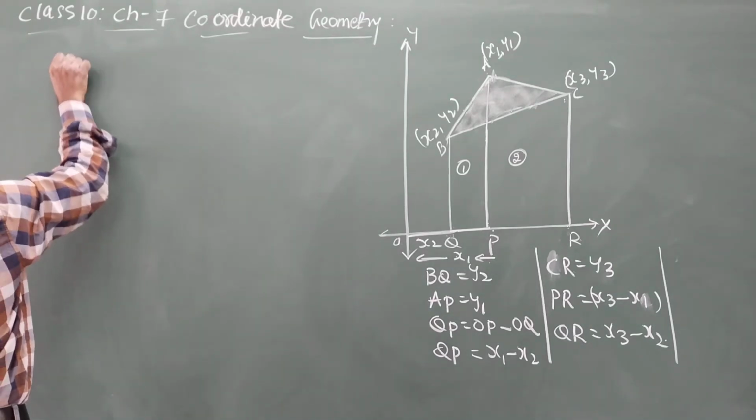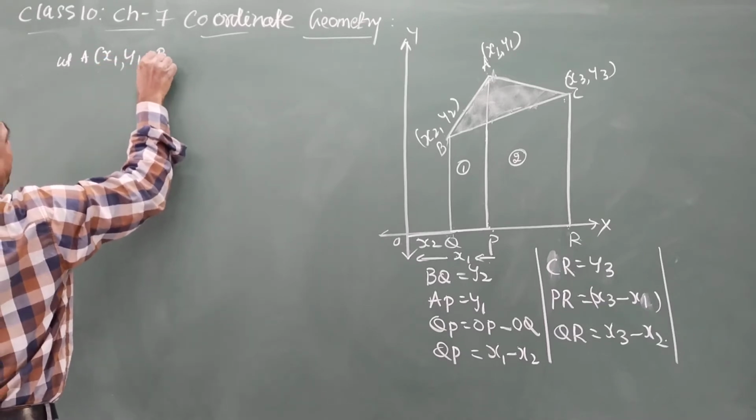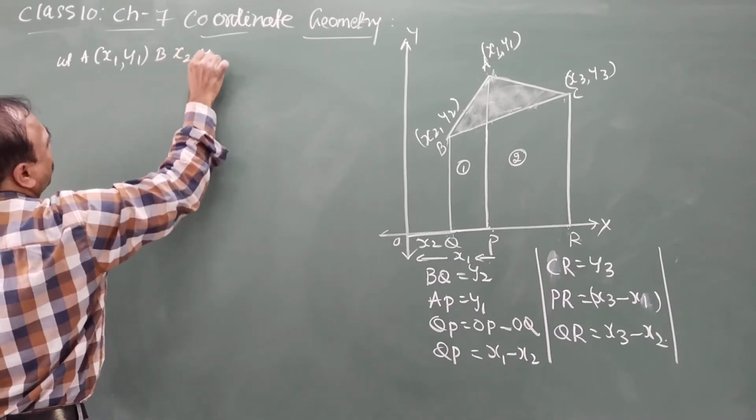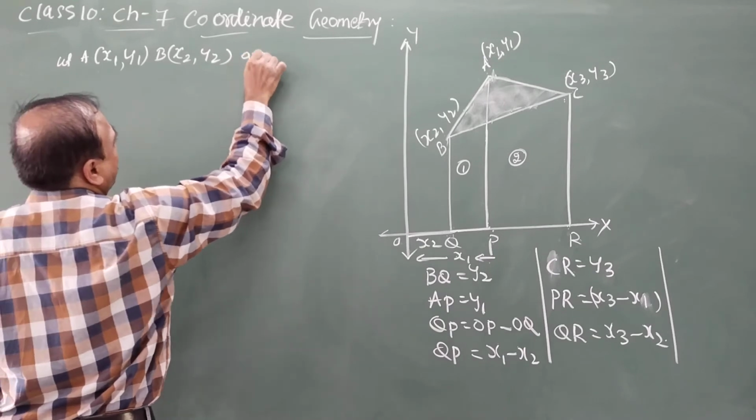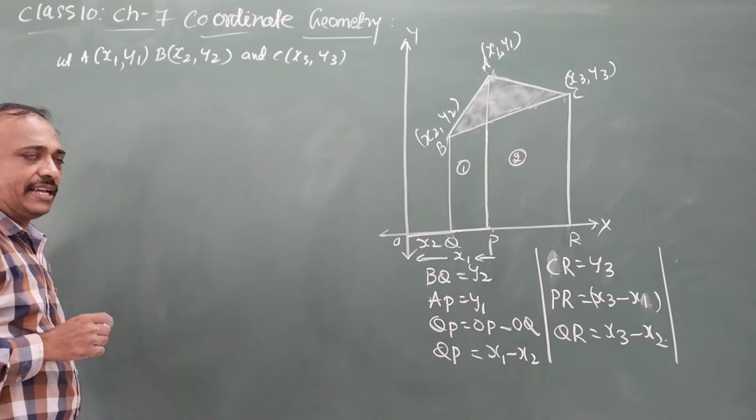So let A (x1, y1), B (x2, y2), and C (x3, y3) be the vertices of a triangle.